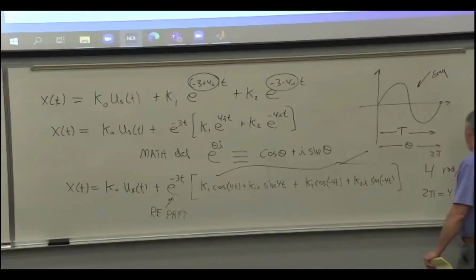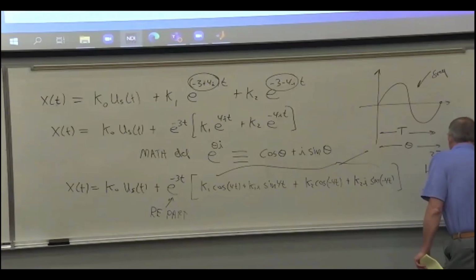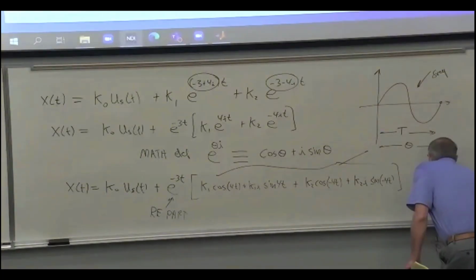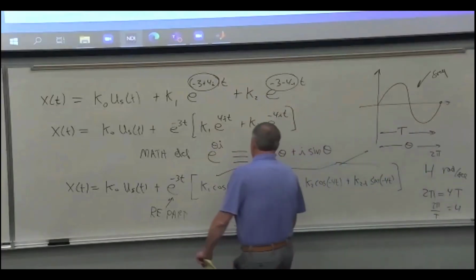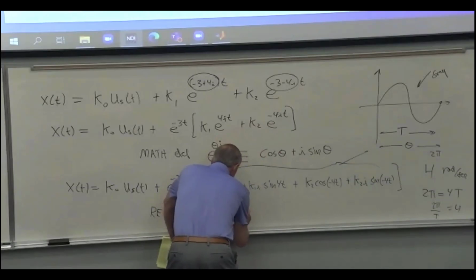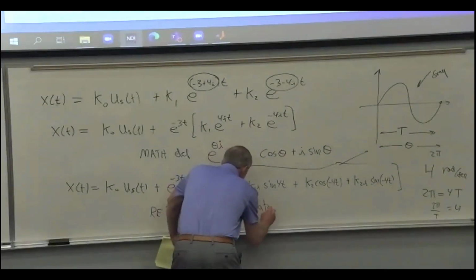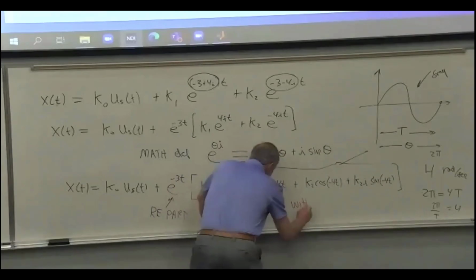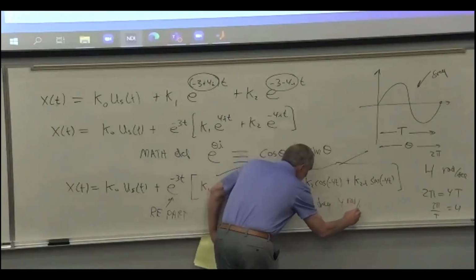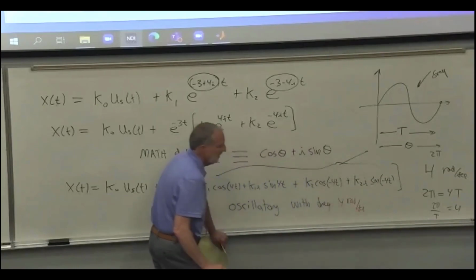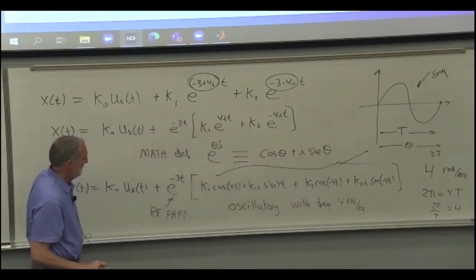And so from that, you can see that the 4 is a frequency as well, because it's 2 pi over the period. Again, radians per second. So what that means is that this part oscillates with a frequency of 4 radians per second, or you can divide by 2 pi and get hertz.